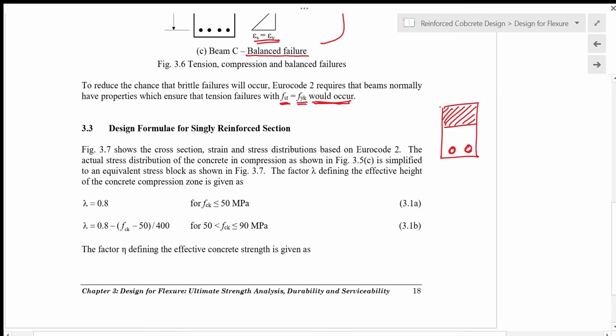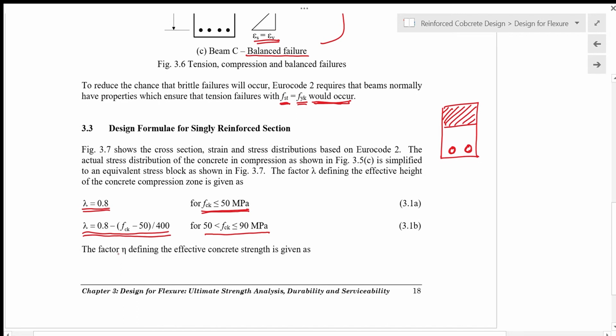In the figure that we're going to see later, the value for lambda is equal to 0.8 for concrete strength of 50 megapascal or less. For concrete from 50 megapascal up to 90 megapascal, the value for lambda will be a function of the concrete characteristic strength.